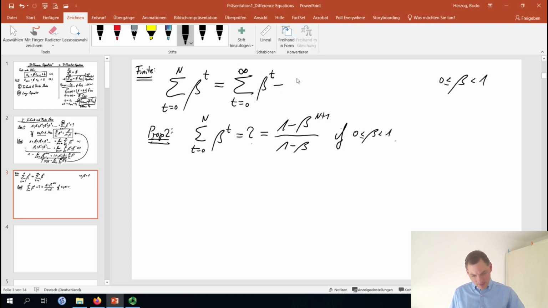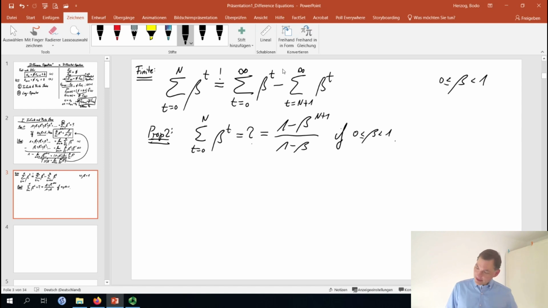But if we now subtract the sum starting from n plus 1 up to infinity of beta to the t, then what remains are just the first n terms. So we can write this finite sum by adding up all the terms to infinity, and then subtracting all the terms higher than n, from n plus 1 to infinity. That would be the same.